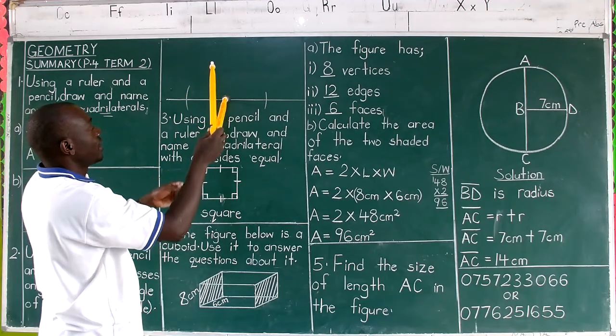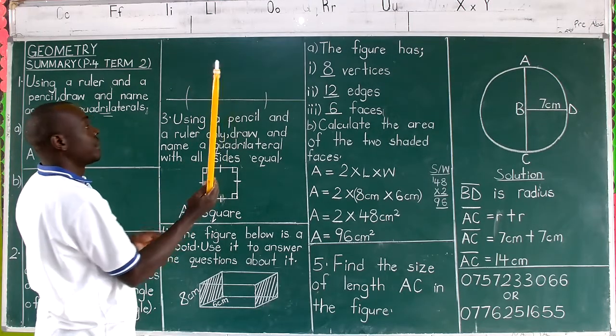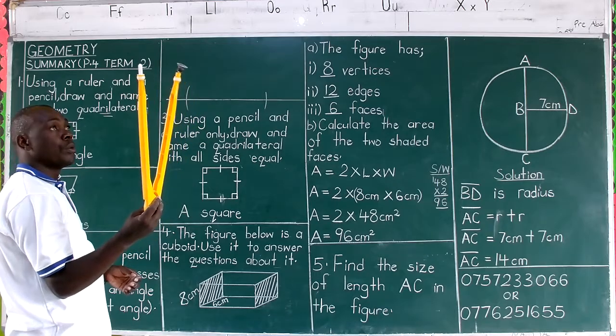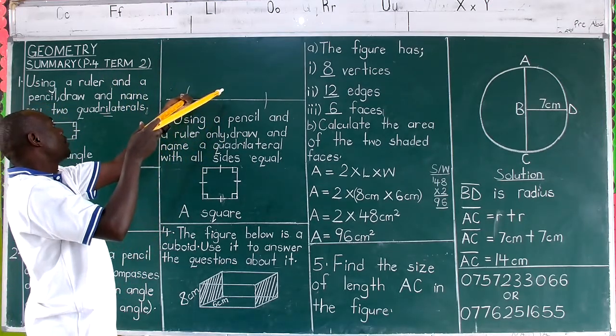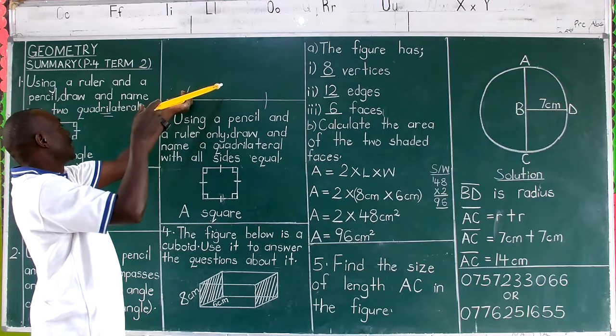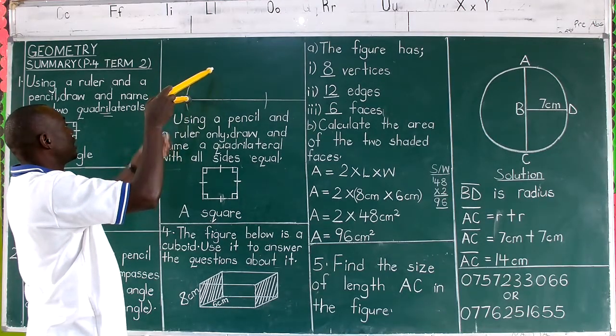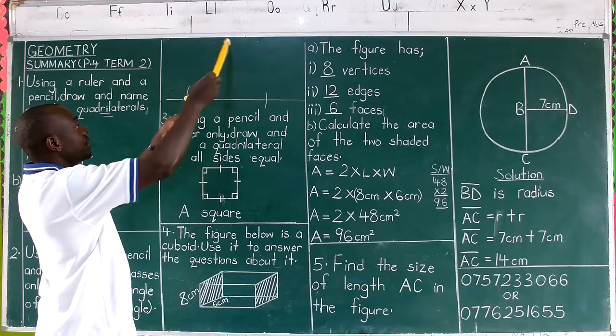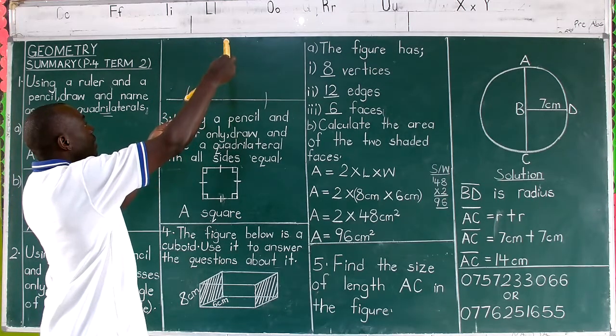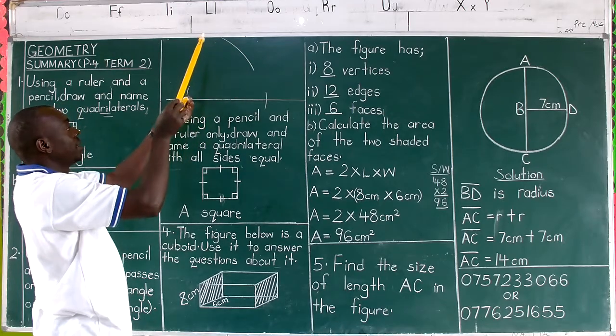Having made that arc, please remove your pair of compasses pointer and transfer it to one of the arcs you have made. Ensure it is centrally positioned. Keep the same radius. You will then make an arc up here.